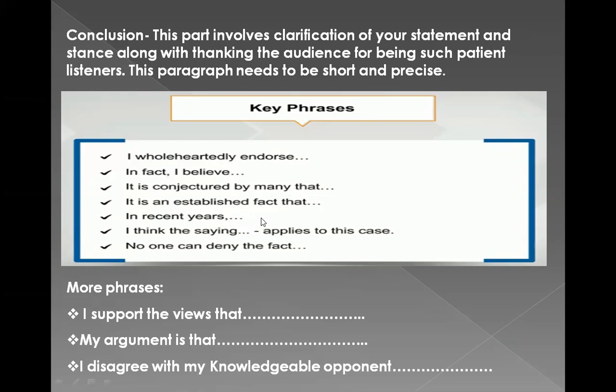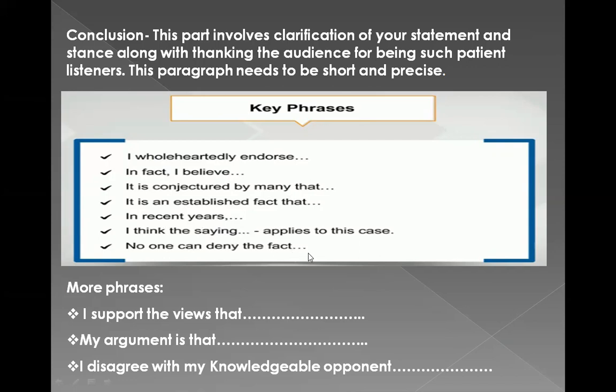It is an established fact that in recent years, when you are giving certain data, you can use this phrase. I think the saying dash dash applies to the case. If you are quoting any line, any phrase, any idiom, any saying, then you can use this one. No one can deny the fact, when you want to justify any point.